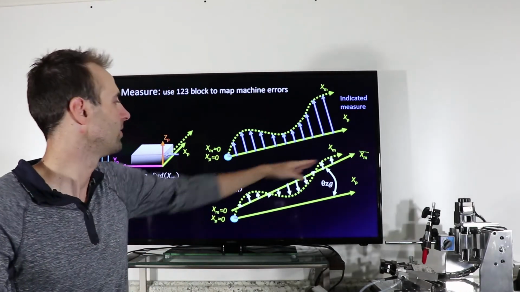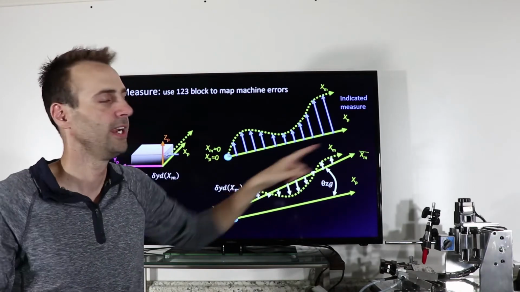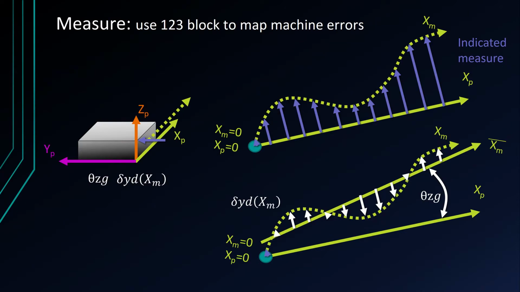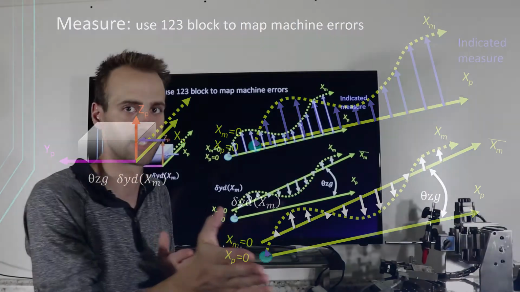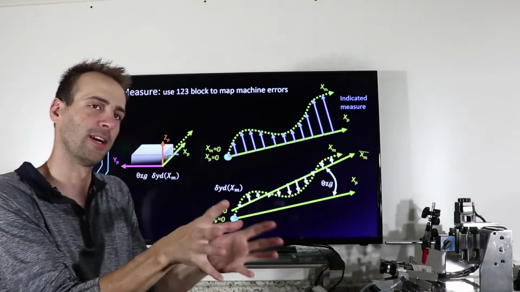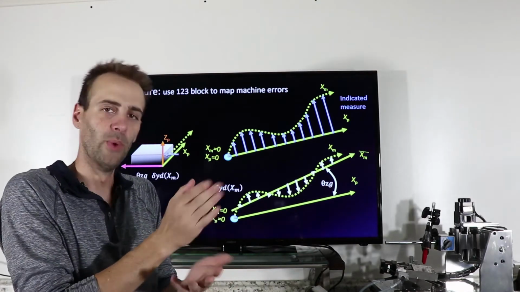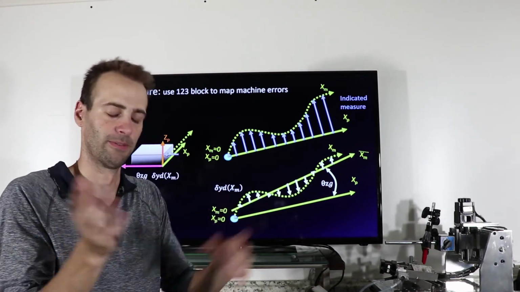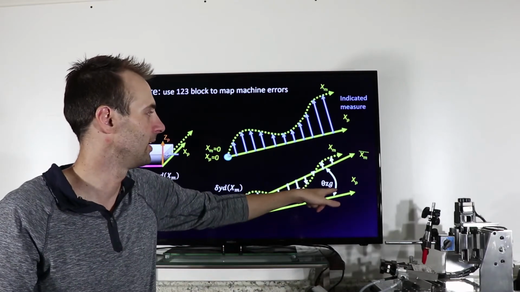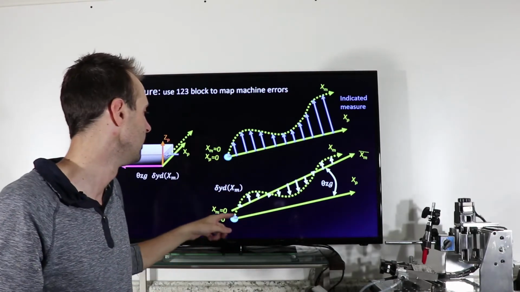I calculate the average trajectory, and that gives me the angle between my x-axis average line of motion and the true x part axis. Okay, so that's going to be one of the geometric errors. So my part is rotated by this number away from the part axis or machine axis, right? That's the difference. So the farther I go out in this example, the more I need to correct in y to get it back to where it needs to be.